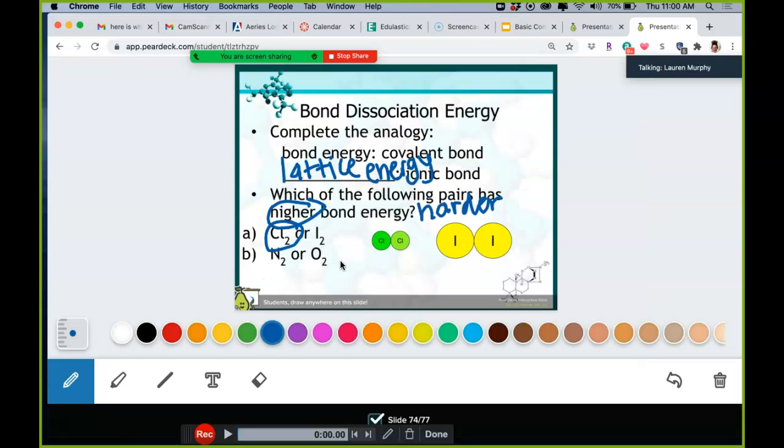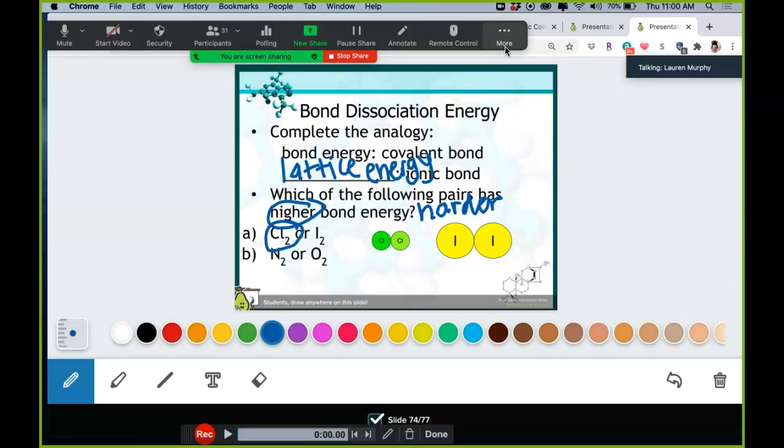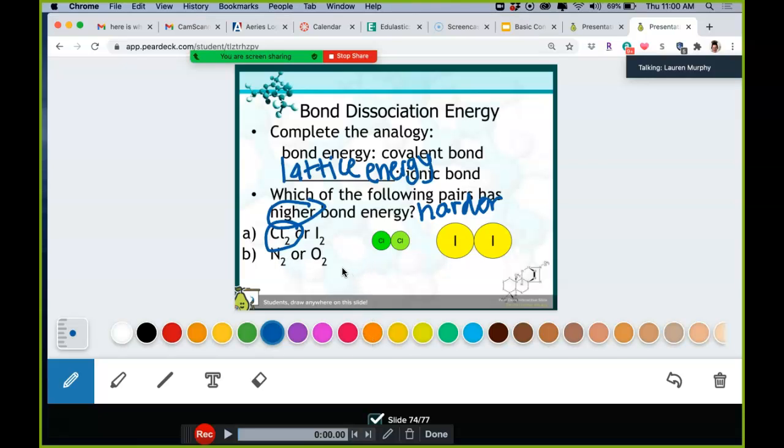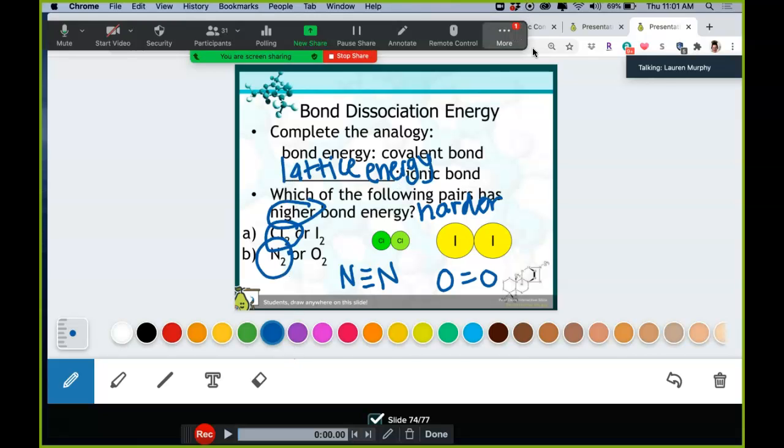Well, nitrogen and oxygen are actually pretty similar in size. They're right next to each other on the periodic table. This isn't going to be about size, because nitrogen has a triple bond and oxygen has a double bond. So who has higher bond dissociation energy? Nitrogen.